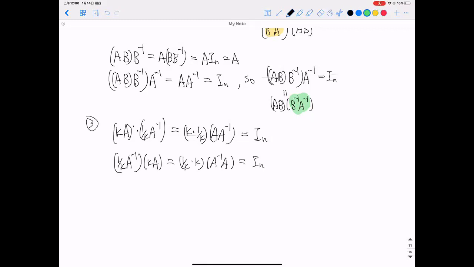Okay, so finally, for the transpose, okay, we start with the requirement for being A inverse.